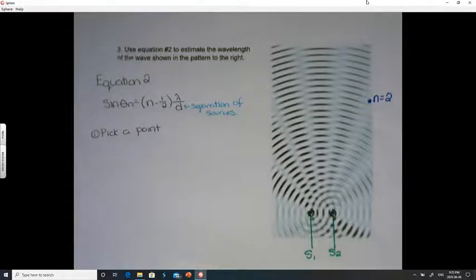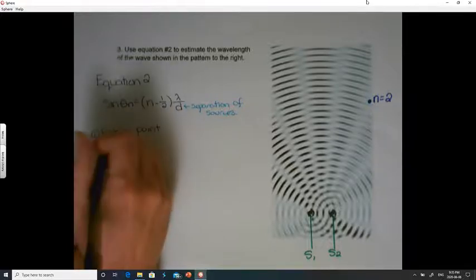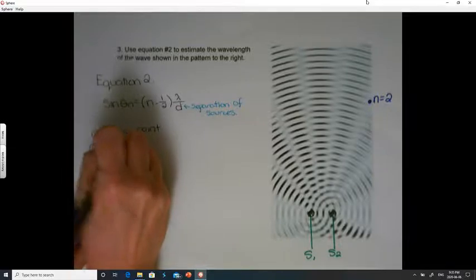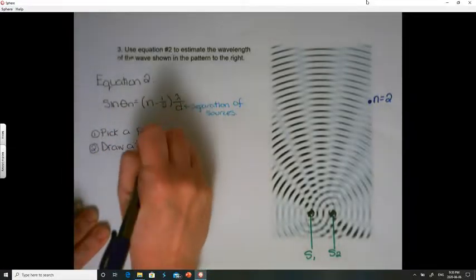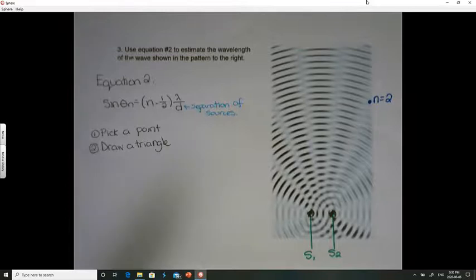Now this is where our diagrams are going to get a little bit funny. So the second step here is to get really creative with our diagram and draw a triangle. Now I know by grade 12, drawing a triangle probably doesn't sound like a really interesting step, but it's a very specific triangle.